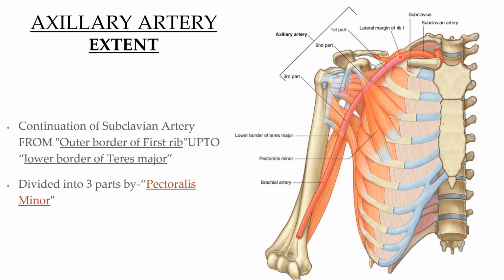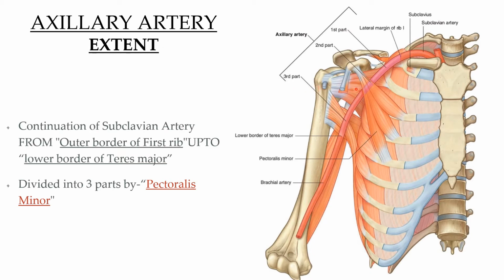Axillary artery extends from the outer border of the first rib till the inferior border of teres major muscle, beyond which the axillary artery is called the brachial artery. Proximal to the outer border of the first rib, the axillary artery is called the subclavian artery. Hence, we can say that the axillary artery is the continuation of the subclavian artery beyond the outer border of the first rib.